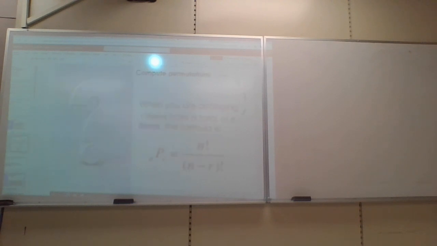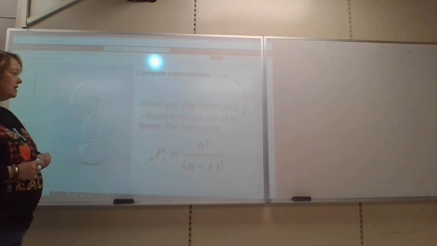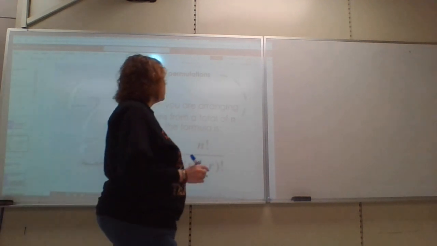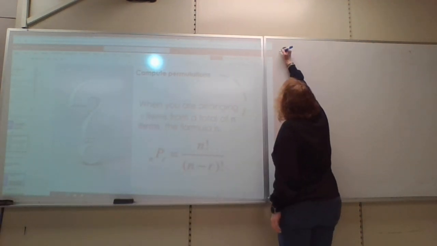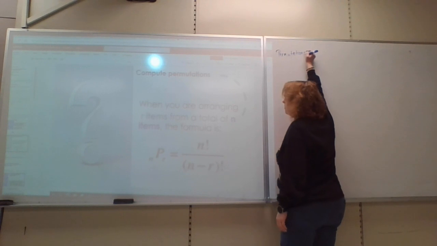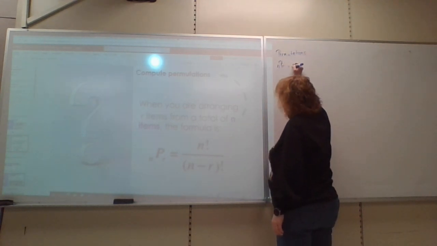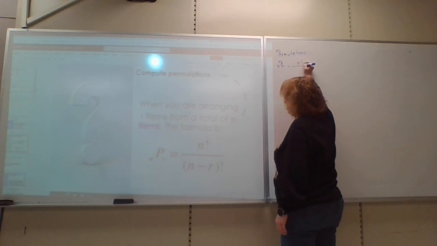As we go here, this is the formula. We're going to arrange our items from N. So this is permutations. This means NPR, and it means N factorial over N minus R factorial.